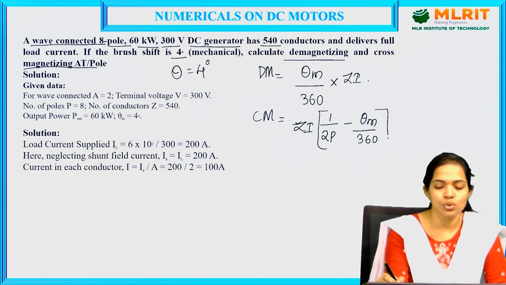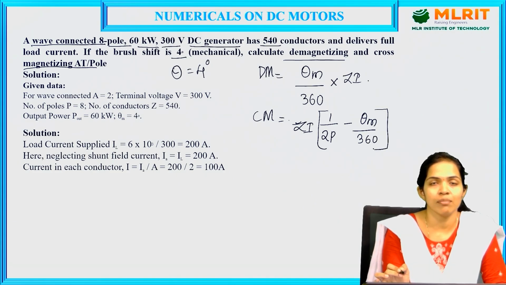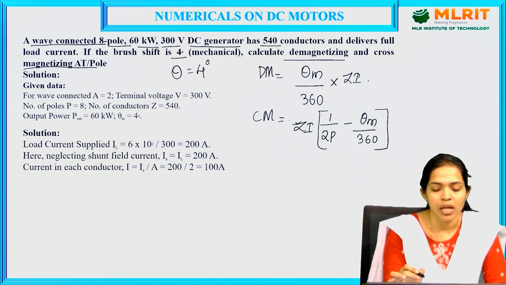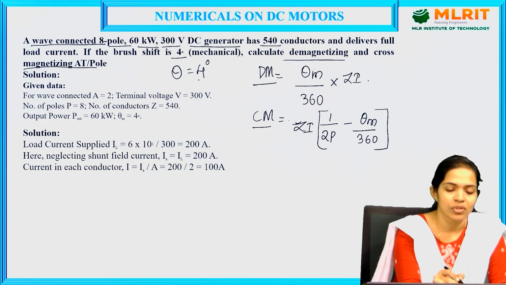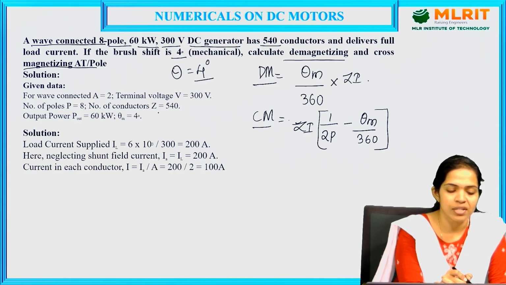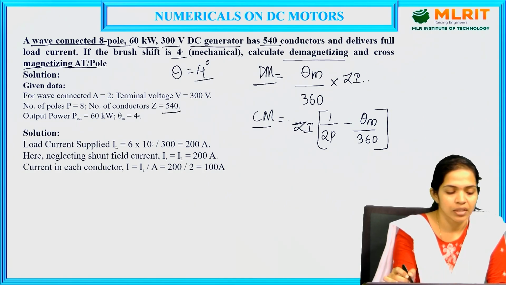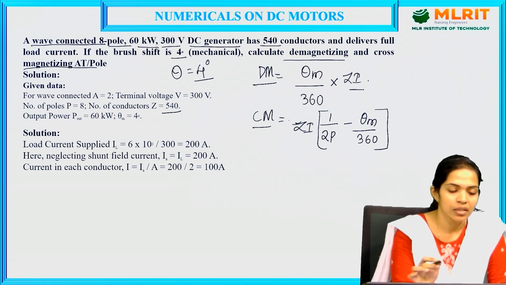So these are the two relations which we use to calculate the demagnetizing ampere turns per pole and the cross magnetizing ampere turns per pole. So theta m is given as 4 degrees, number of conductors are given as 540, and we have to calculate the current.